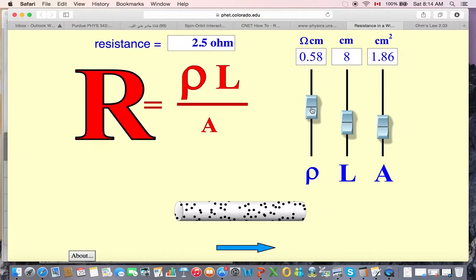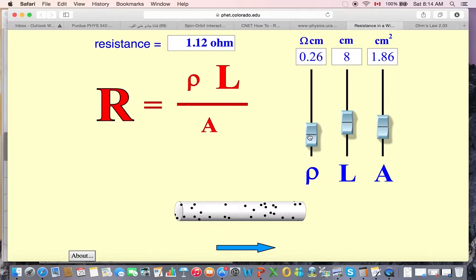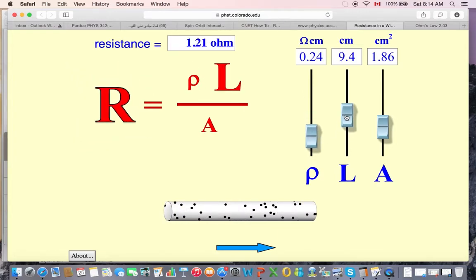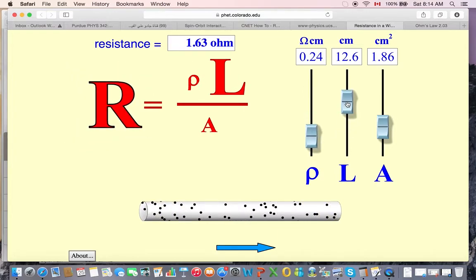If I reduce the resistivity, as you can see here, it means that there are fewer obstacles for the current to pass through. So that means the resistance becomes less and less. Fewer obstacles means fewer collisions in the wire. As you increase rho, R increases, and as you increase length, again R increases, because you're increasing the collision probability.